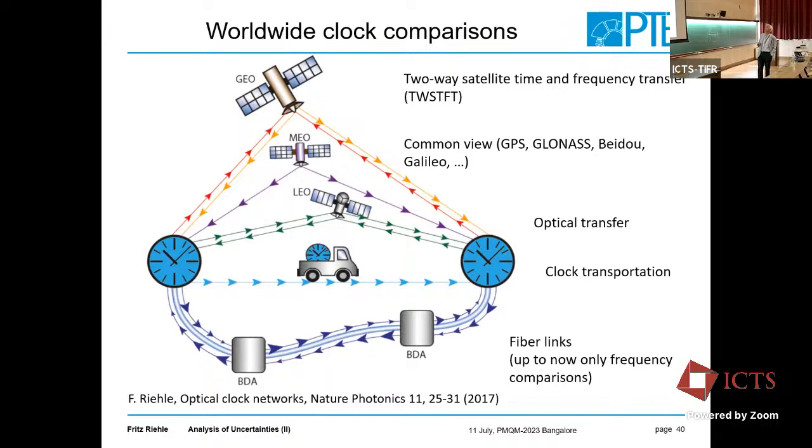There's a possibility to do worldwide clock comparison, either via two-way satellite time and frequency transfer to a geostationary satellite, common view with GPS or GLONASS, Beidou, Galileo, or versus a medium Earth orbit satellite or low Earth orbit satellite with optical transfer. This is not possible regularly.